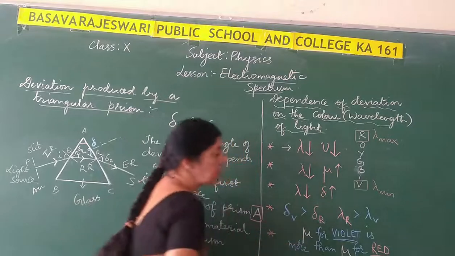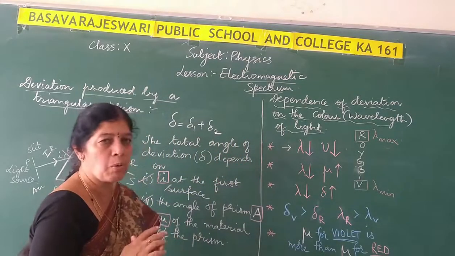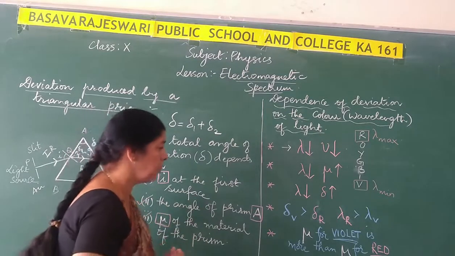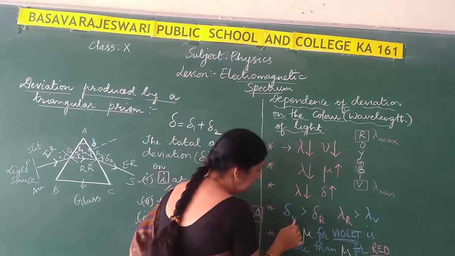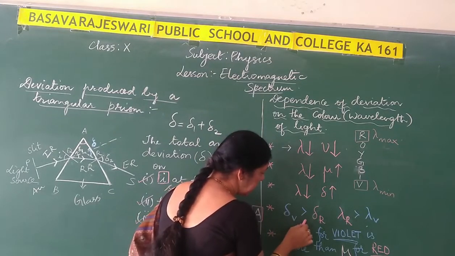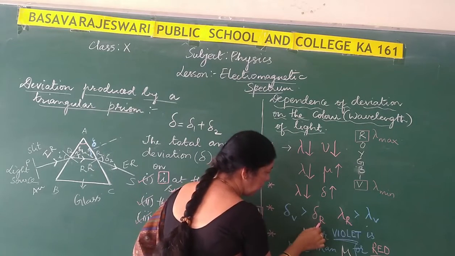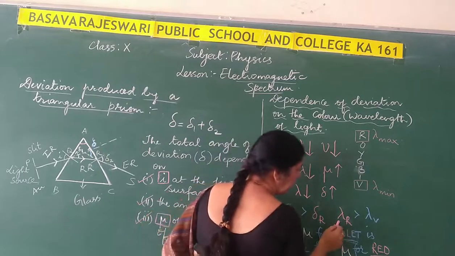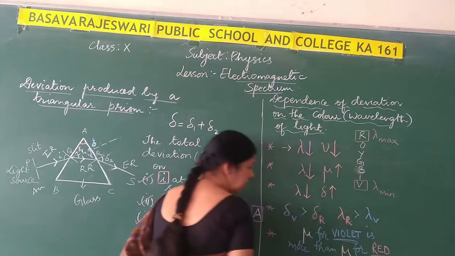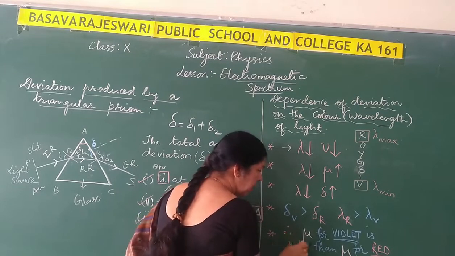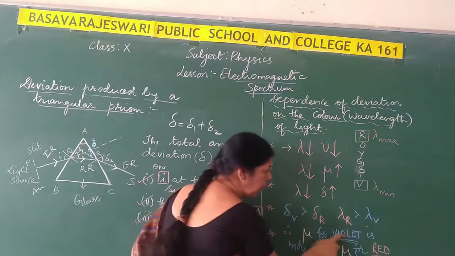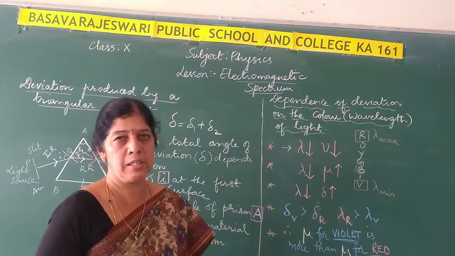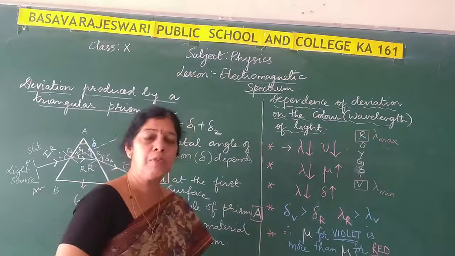These important points must be remembered whenever we study the deviation of a light ray through a triangular glass prism. So, remember that the angle of deviation for violet light is more than for red light. And also the wavelength for red light is greater than the wavelength of violet light. Therefore, the refractive index of the medium for violet is more than for red light. Understood?